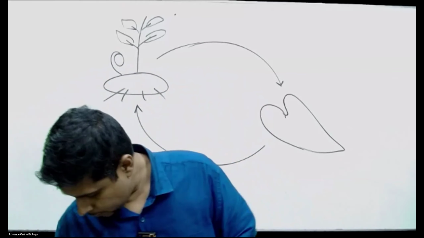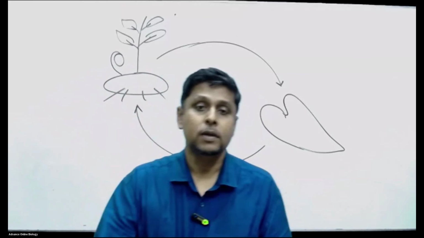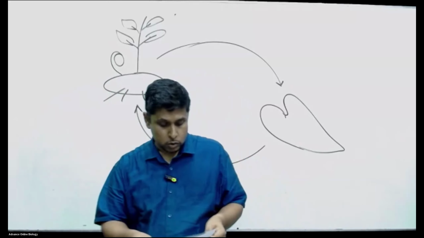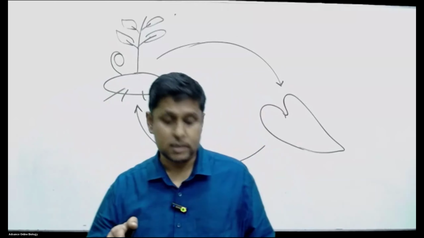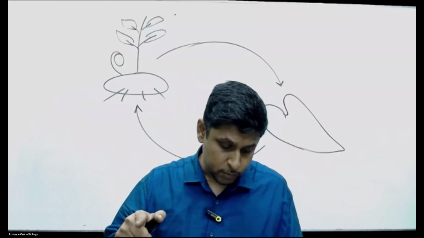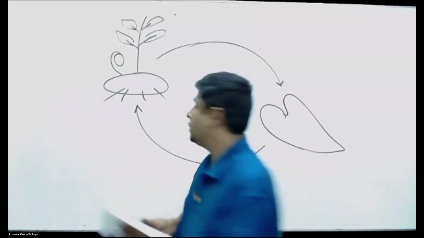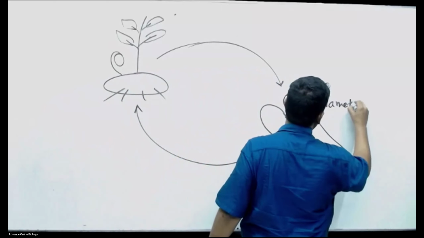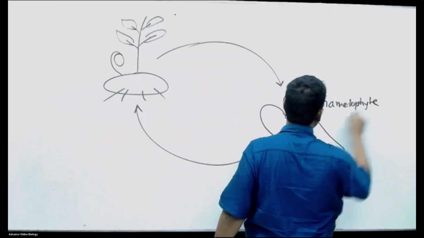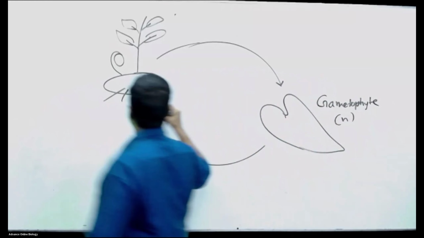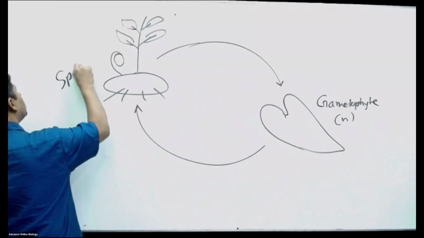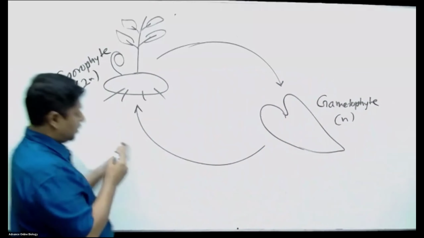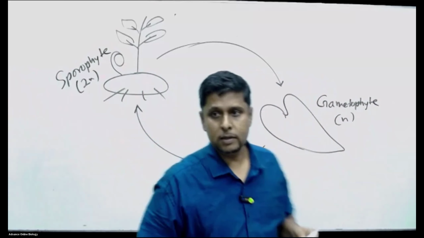Spore mother cells undergo meiosis and produce spores. In this question, it says the diploid gametophyte, which is wrong. The gametophyte is haploid, and the sporophyte is 2N. So this statement is wrong.